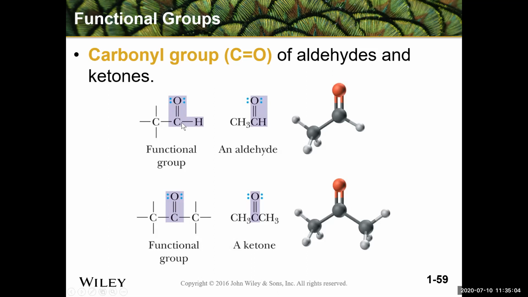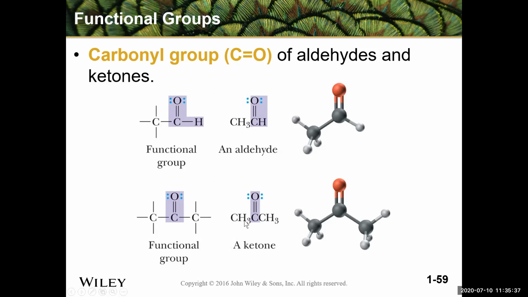Now remember, in an aldehyde, you have a carbonyl carbon that's bonded with a single bond to another carbon and a single bond to a hydrogen. In a ketone, instead of having a single bond to a hydrogen, we have a bond to another carbon. So we have two separate carbon-carbon single bonds from the carbonyl carbon. And so this is an example of a ketone.